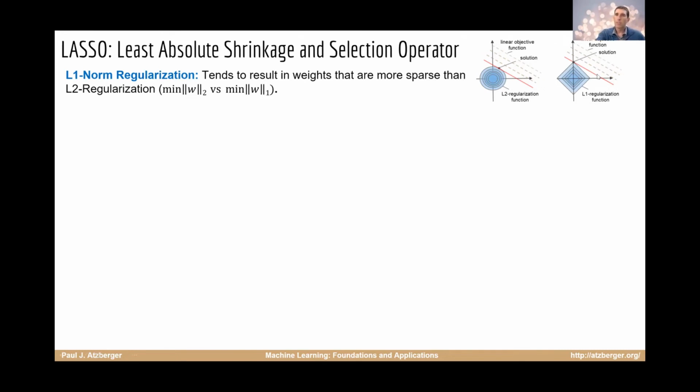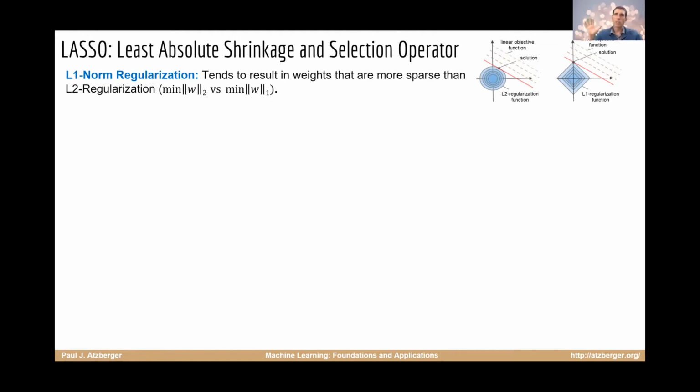So for example, in the L2 case, I'll have contributions both from the W1 component and the W2 component. Whereas if I go to the L1 regularization, you see all of a sudden, all of my contributions from W1 disappear. They'll be zeroed out, and I'll only have contributions from W2.